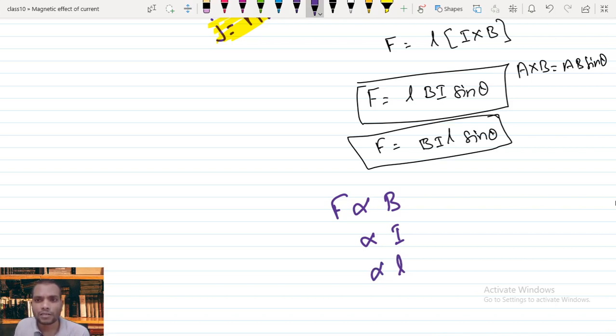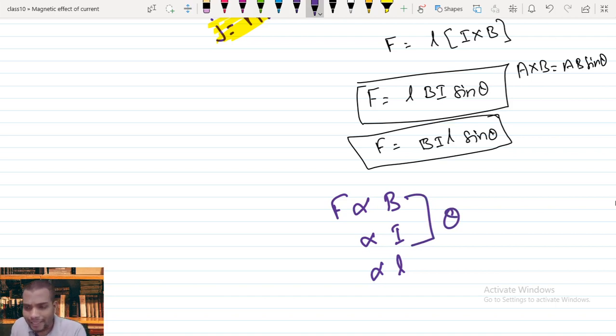And above all, it also depends upon theta, the angle between the direction of current and the direction of magnetic field. So here theta is between B and I.